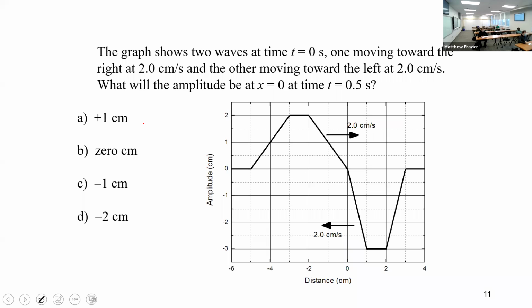Right, so two waves, right now they look like that, but they are going to overlap. So a little bit in the future, what positions are they at, and then what is the addition of them? I'm going to pause for a minute and let y'all think on that, and we'll come back and go over it.